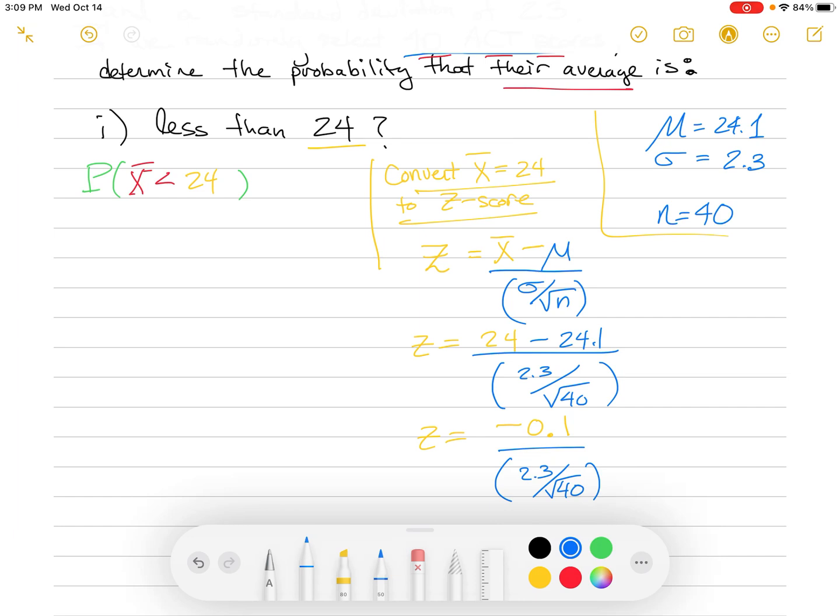Negative 0.1 divided by parentheses 2.3 over the square root of 40. So when I plug that in my calculator, I'm going to get a z-score. It's going to give me a z-score of negative 0.04. You always want to go to two decimal places with z-scores. Let me just double check that. I'll do it one more time so I didn't mess it up. Negative 0.1.